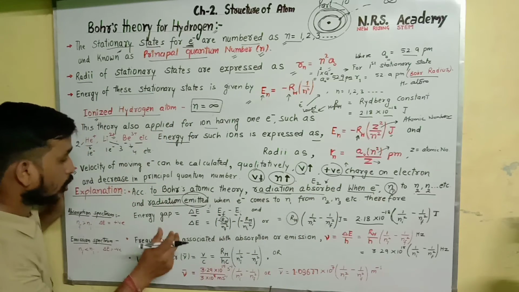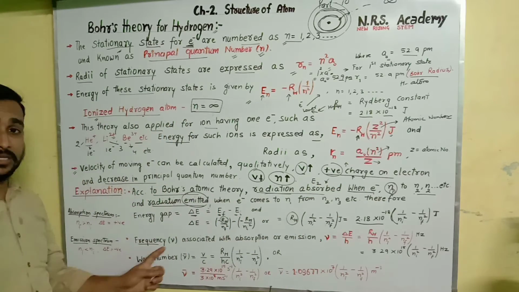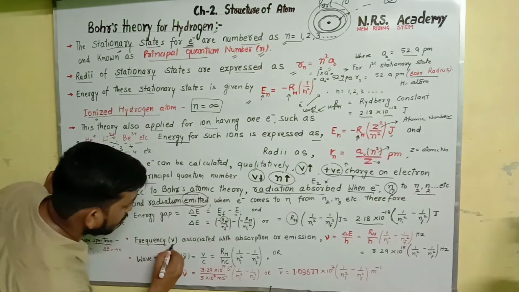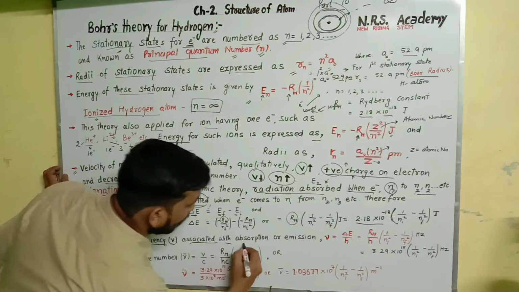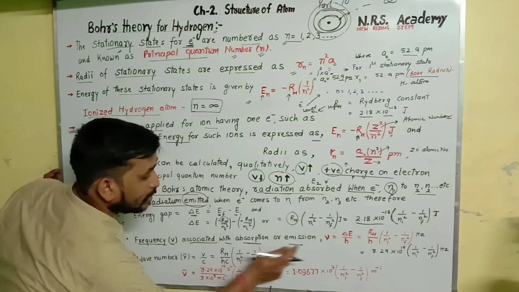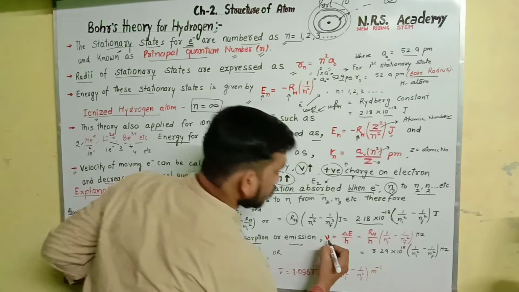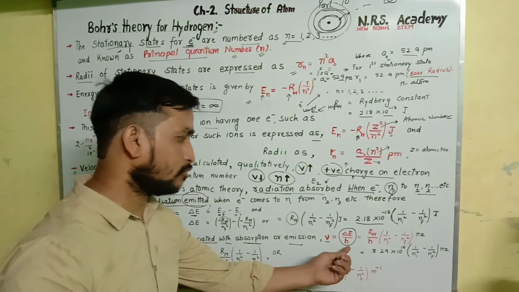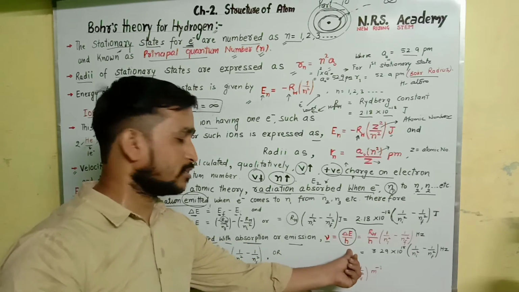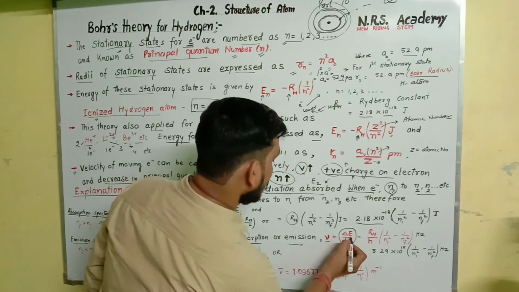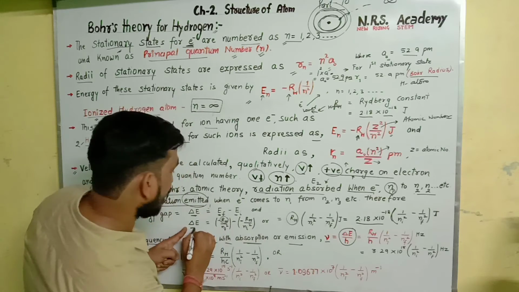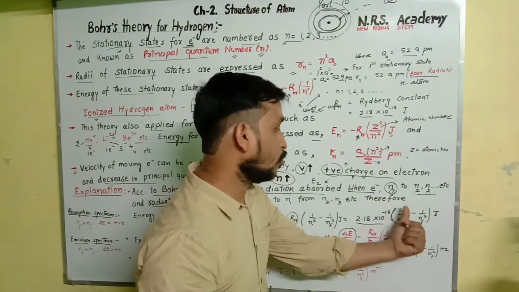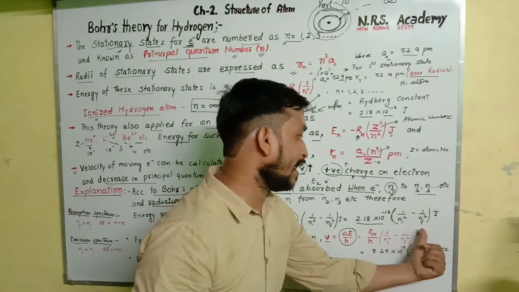Now let us talk about the frequency associated with this absorption or emission, whichever is taking place. The frequency nu equals delta E by h. We have discussed this earlier already. Delta E is 2.18 into 10 to the power minus 18 into 1 upon ni squared minus 1 upon nf squared.